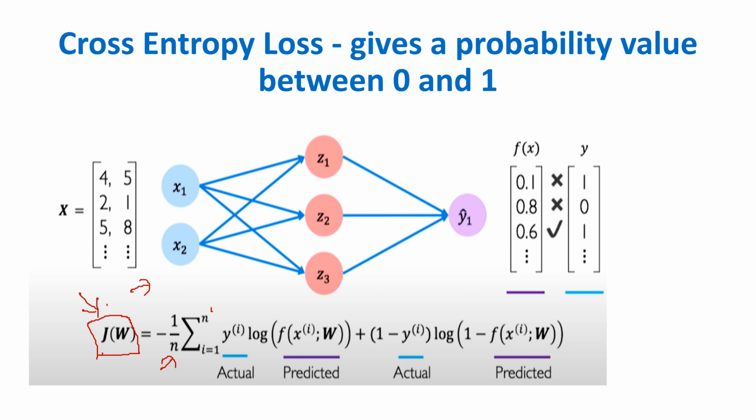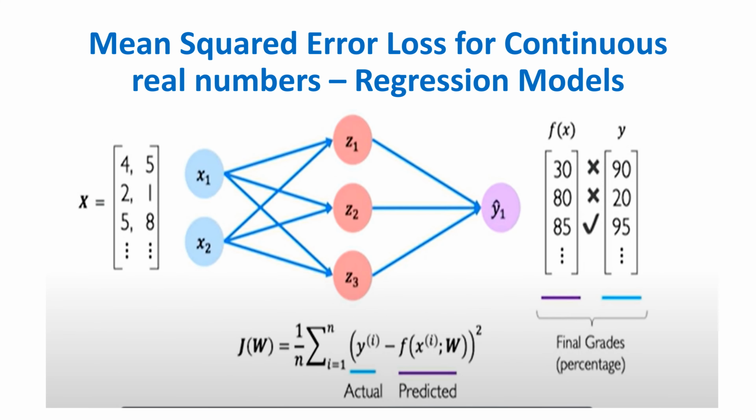We are scanning all the inputs, with the actual y and the predicted y, so we are calculating the loss for all the inputs in our training data set. We can also have, for regression models, another loss function, the mean squared error loss, whose equation is slightly different from that of the cross entropy loss.